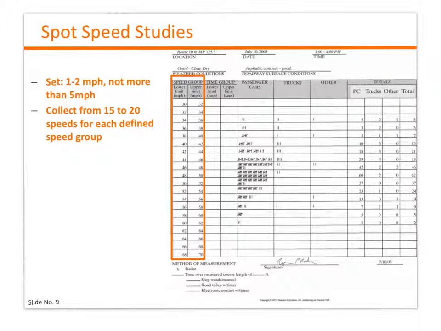At least in the middle range, we need to have at least 15 to 20 speeds in each of these groups. For example, here you could see we have 46, 33, 21, but of course when you hit the lower ends or the higher ends of the speed, you will not see that many cars exceeding the speed limit in this case, or way lower than the speed limit in this case.